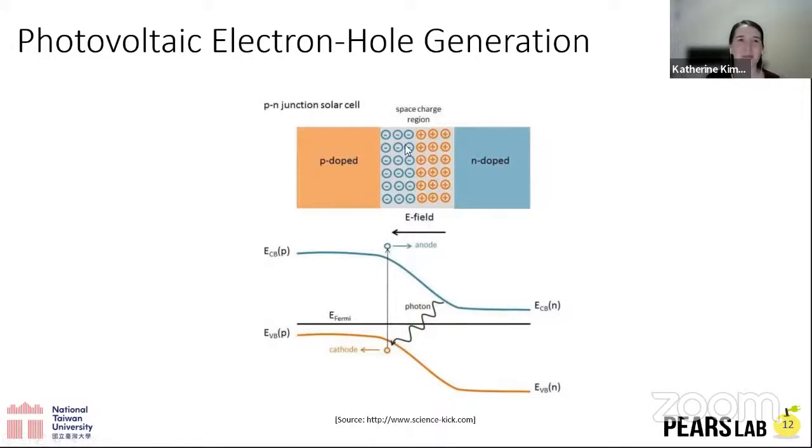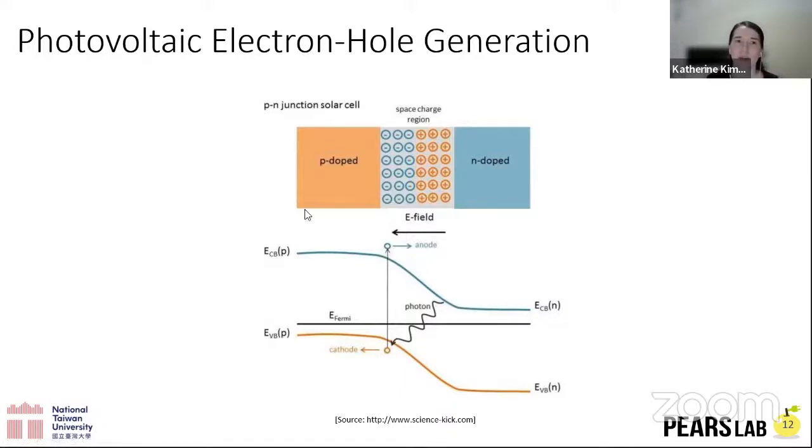This depletion region, or sorry, space charge region here, is where the electric field is generated when you put the two materials together. And if a photon comes into this region and excites an electron out of the valence band into the conduction band, you'll have a positively charged hole and a negatively charged electron. If those are in an electric field, they're going to go in opposite directions, and that creates your current.